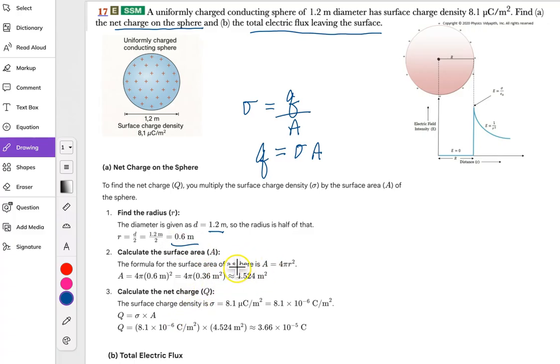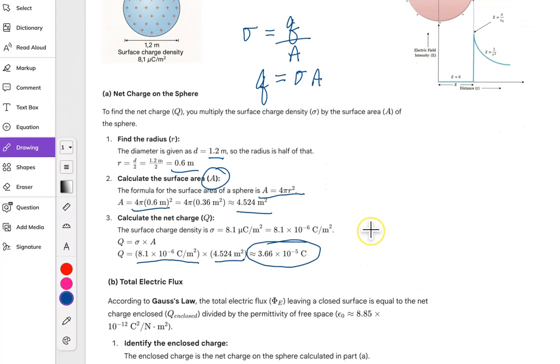We have to use the surface area of a sphere equation, which is 4 pi r squared, plug everything into that equation, and we get our answer for the surface area. We also now need to find that net charge, so we're going to plug in that 8.1 microcoulombs per meter squared times what we just got for surface area, and that tells us what that net charge is.